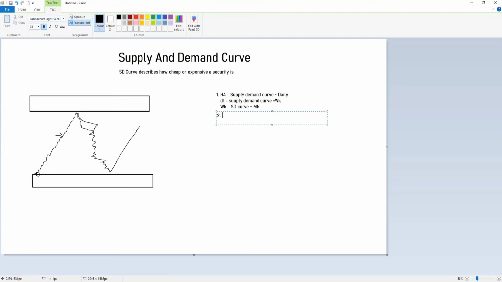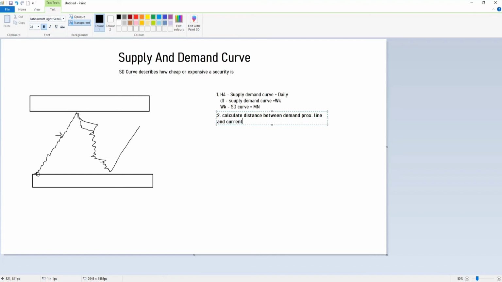Number one, you need to be able to calculate the distance between your demand level that's confirmed, that's intact, and the demand proximal line, and current price.